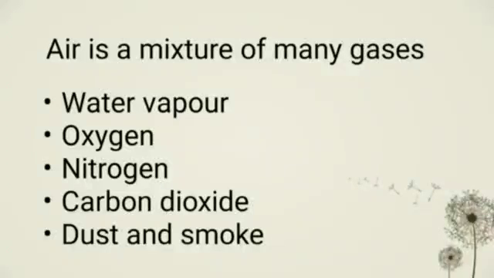First of all, air contains mainly nitrogen and oxygen, that you have seen, because 78% nitrogen and 21% oxygen is there. It also contains carbon dioxide, some noble gases, water vapor, dust particles, and a little amount, traces, of other gases.